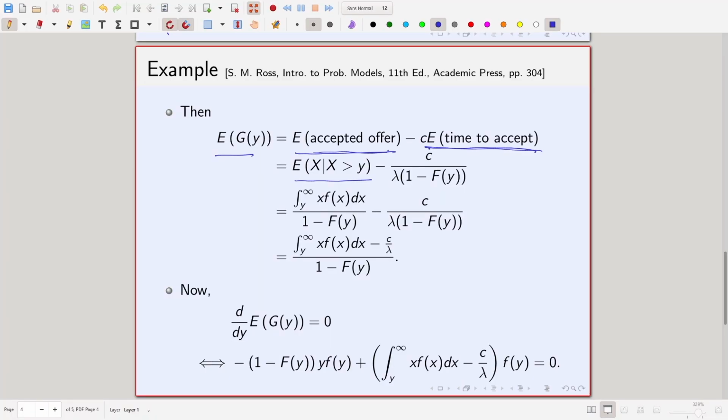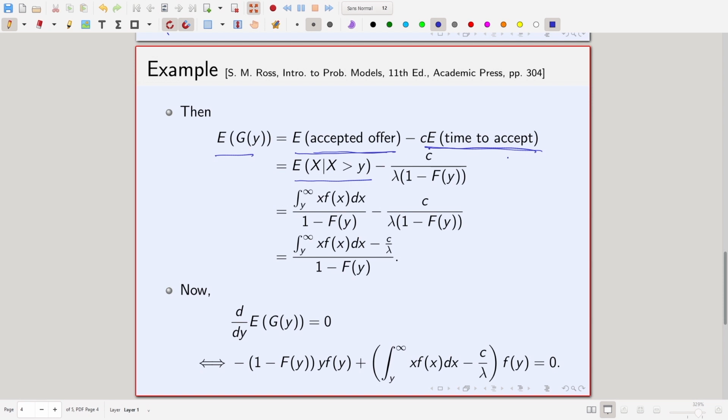Since you are given the information that you have accepted the offer, that is equivalent to giving the information that the particular offer was of size greater than y. So, when you find the mean of the accepted offer, it will be a conditional expectation: the expectation of x given x is greater than y. That follows because you accepted the offer.